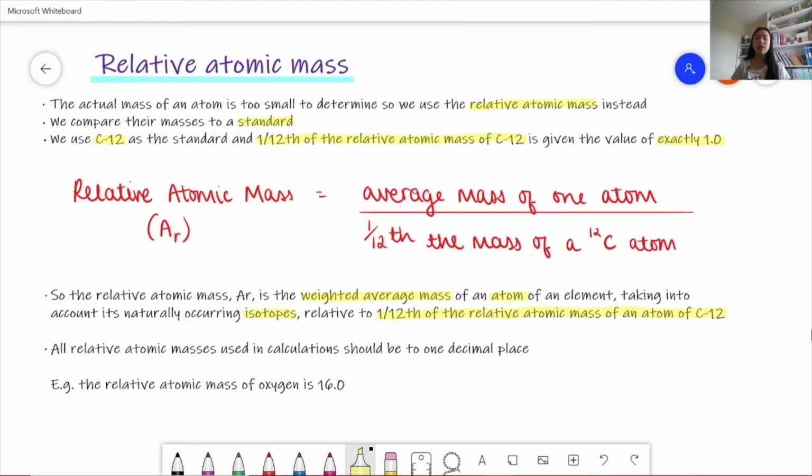And one really important thing to know is that all relative atomic masses used in calculations should be to 1 decimal place. So for example, we have that the relative atomic mass of oxygen is 16.0. And this relative atomic mass is actually just the mass number that we see in the periodic table.